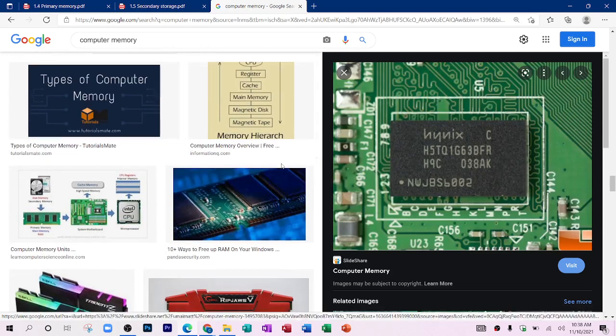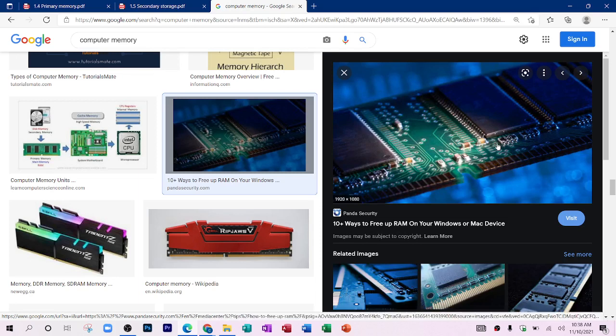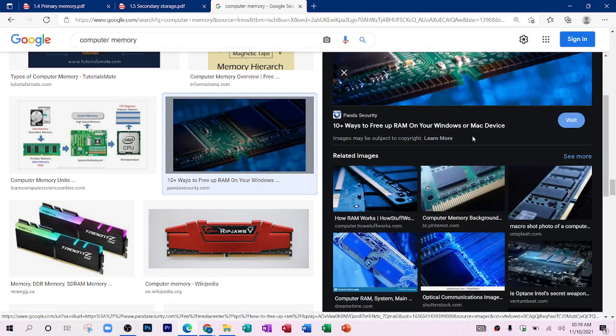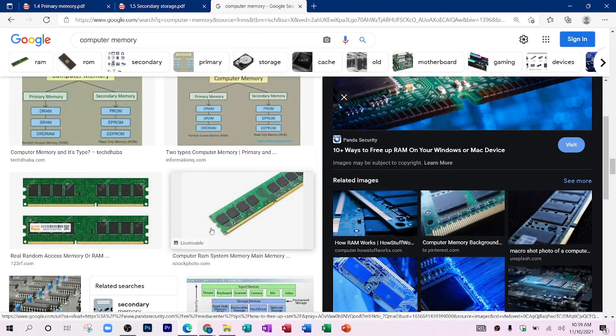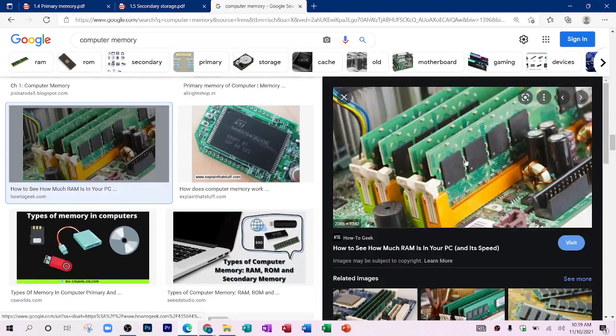So that's why you cannot change the memory in your phone or your tablet, because it's soldered onto the device's board. Whereas in your laptop and your desktop, you can change the memory, because it's just plugged into the computer.